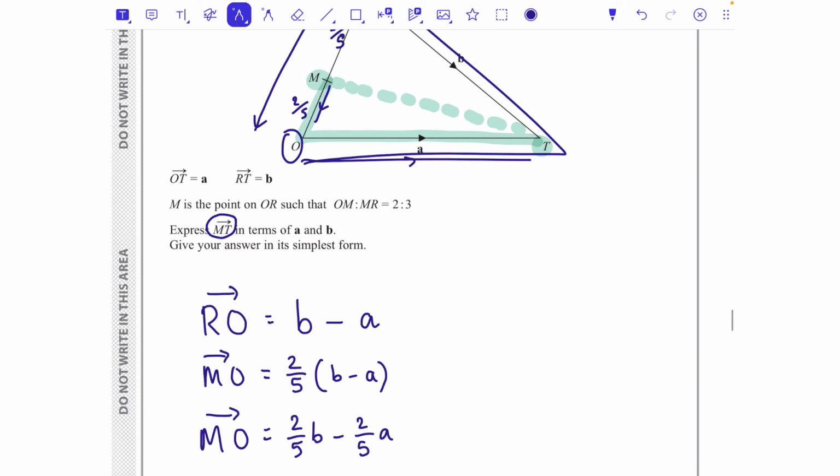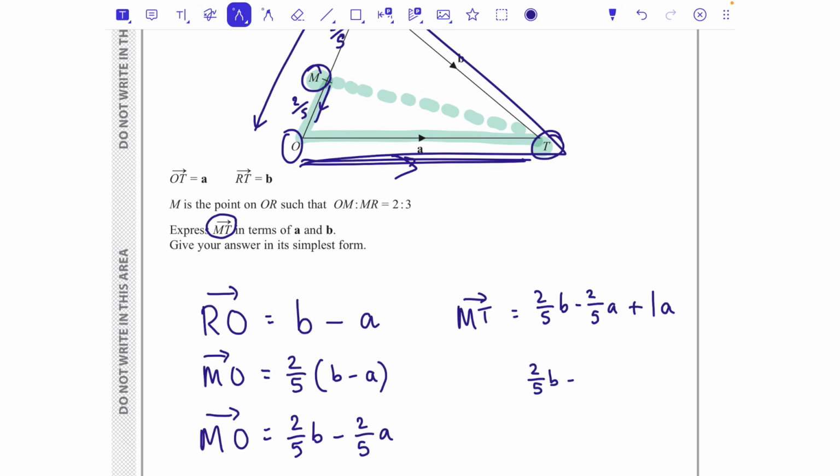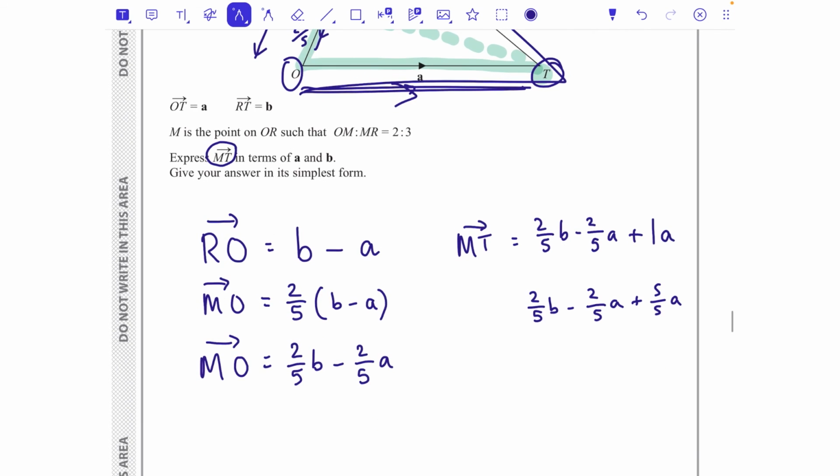If I then want to go from M to T is going to be 2/5 B minus 2/5 A, but then we need to go along here, so we're going to add an extra 1 whole A. Now you might want to write that as 5/5. So you might want to say that's 5/5 of A, just because you might find that easier to add on.